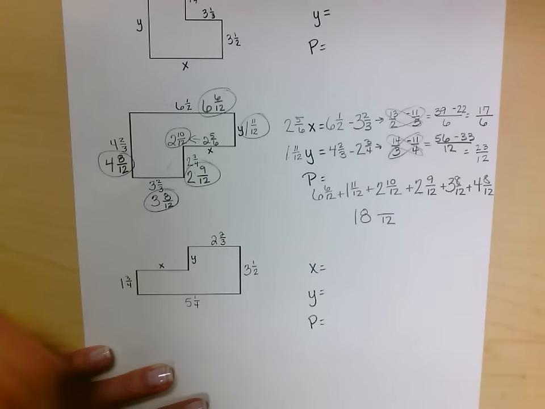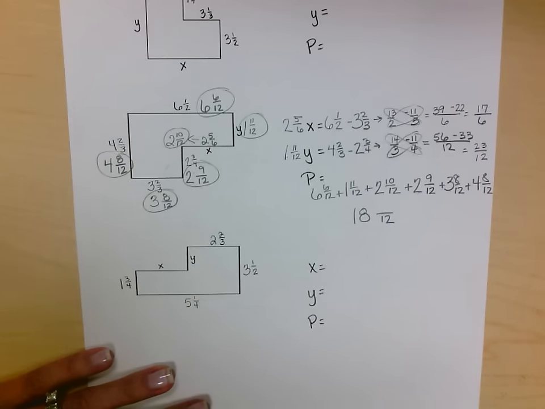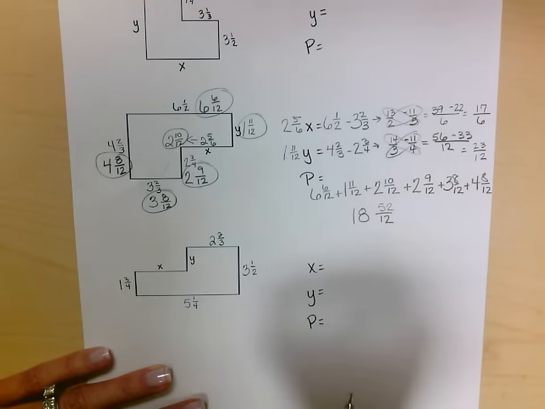Since all my fractions already have a common denominator of 12, I just need to add up all of my numerators. So I've got 6 plus 11 plus 10 plus 9 plus 8, and then my final 8. And when you add that up, we get 52.